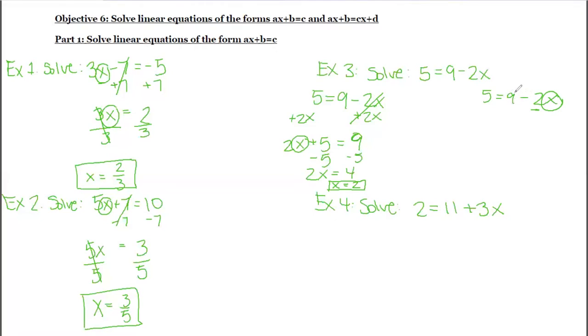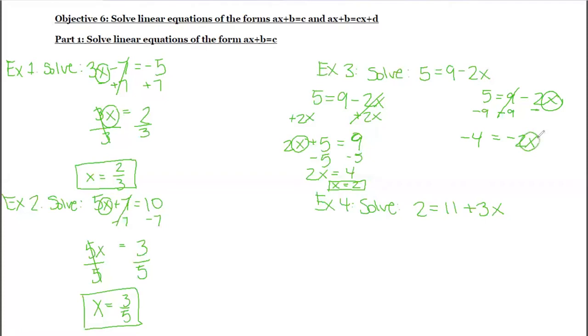Because this is positive, the way to get rid of it is to subtract it. And what we do on one side, we have to do on the other side. So 5 minus 9 is negative 4. And on this side of the equation, we have negative 2x left, okay?